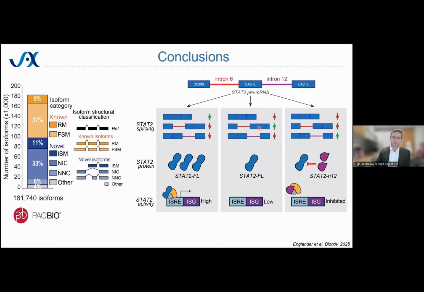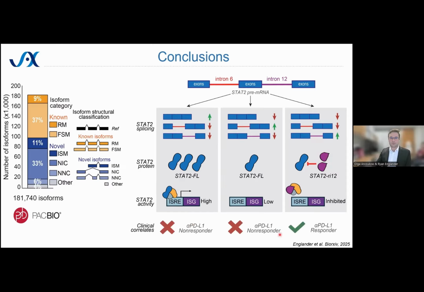By contrast, retention of intron 6 leads to a reduction in full-length STAT2 protein and low levels of interferon signaling activity, whereas retention of intron 12 can lead to the production of an inhibitory truncated STAT2 protein that actually inhibits remaining full-length STAT2 and leads to a fully inhibited interferon signaling state.